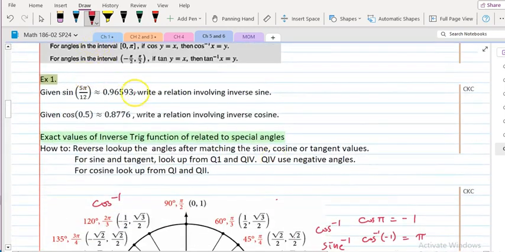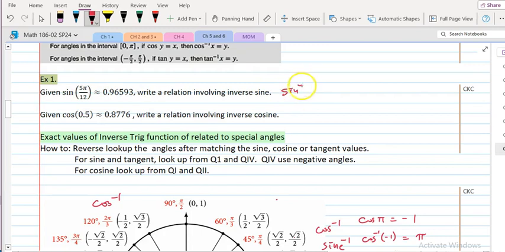Okay. Example 1. What about non-special angles? You just use the calculator. For example, I'm writing a relation so you can understand. If someone tells me in the calculator that sine of 5 pi over 12 equals 0.96593, can you write it in inverse sine?